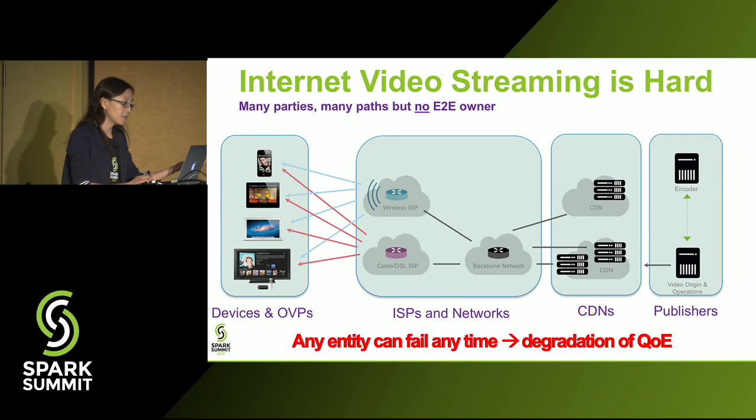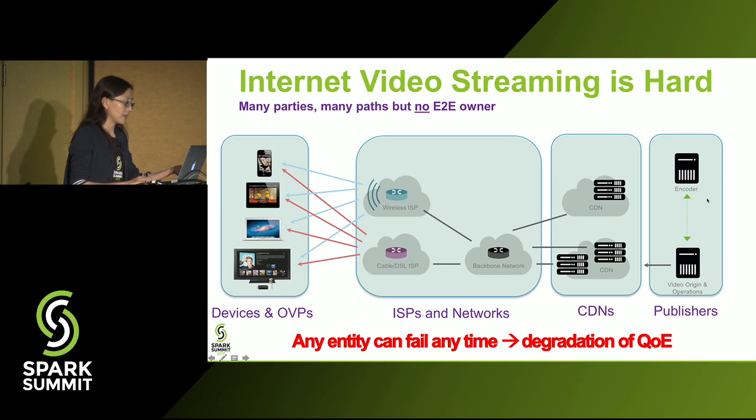But you can already see there are many entities along the path, and there are many paths on the pipeline. The problem is that any entity on the path can fail at any time silently, and no one knows because there's no end-to-end owner for the entire pipeline. And that can directly cause degradation of the viewing quality.